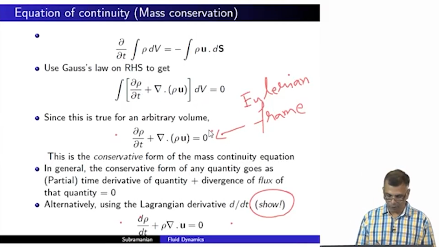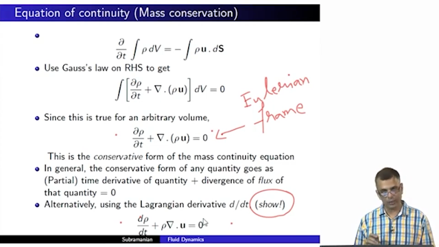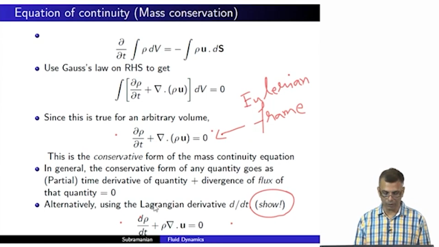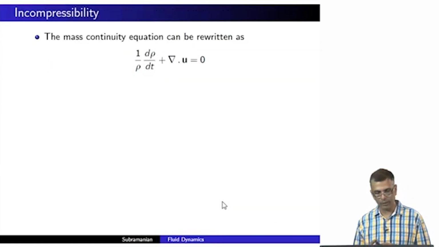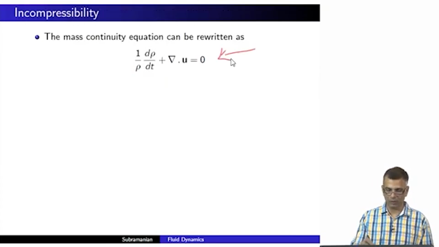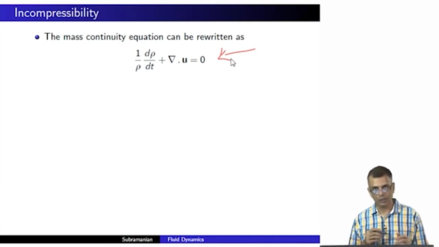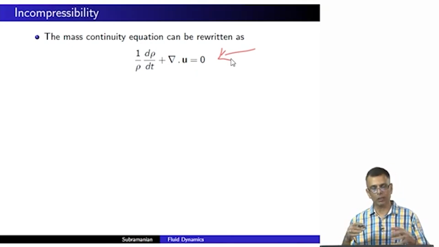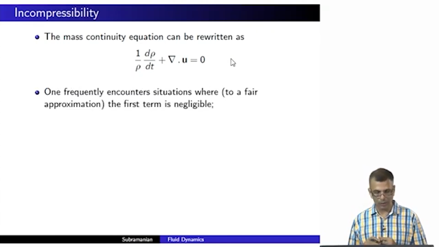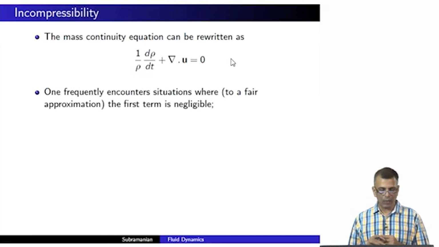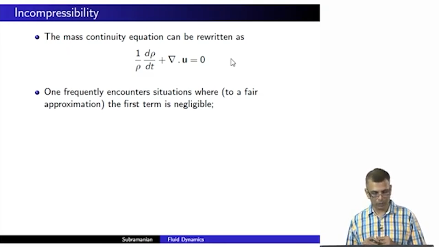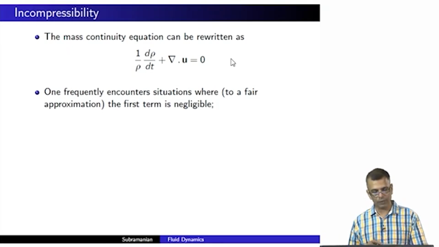So if you divide this entire equation by rho, on the right hand side you have 0, so that makes no difference. If you divide this entire equation by rho, you get this. It's the same equation that we had written earlier, the mass continuity equation, right? In the Lagrangian frame as seen by an observer who is sitting on top of a fluid parcel. And one frequently encounters a situation where, to a fair approximation, the first term is negligible.